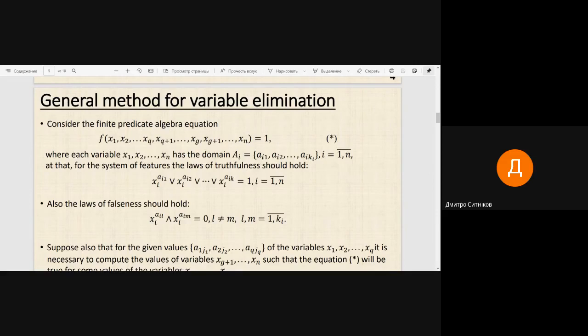Consider the finite predicate algebra equation, where each variable x1, x2, and xn has the domain A subscript i. At that, for the system of features, the laws of truthfulness should hold. Also, the laws of falseness should hold as well.